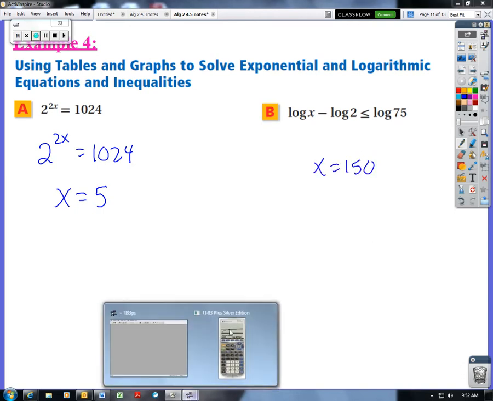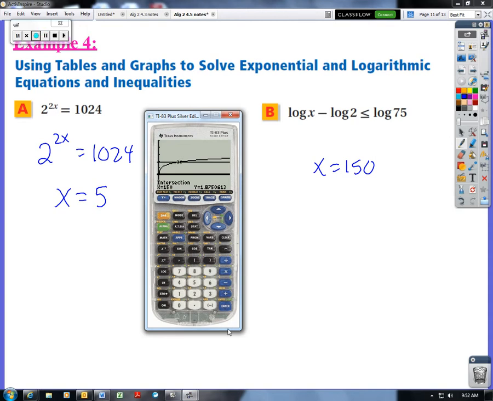But because this is an inequality, you have to figure out, is it less than or equal to 150, or is it greater than or equal to 150? And what you can do is you can trace and see. Okay, so on the curve part, that's the left-hand side of the equation.